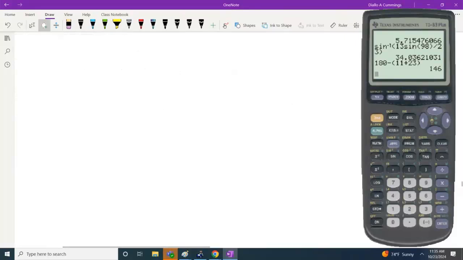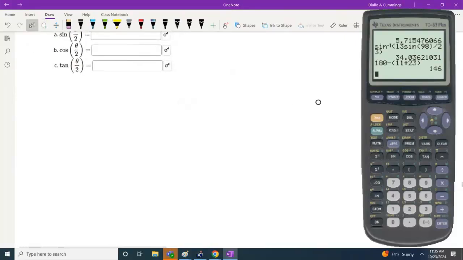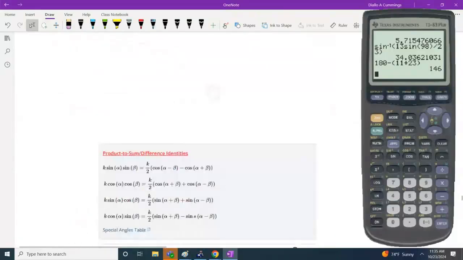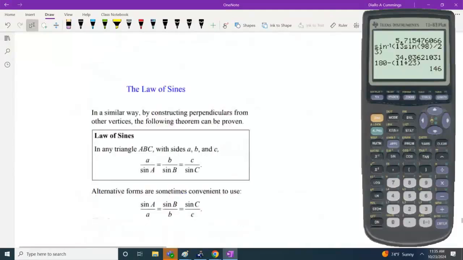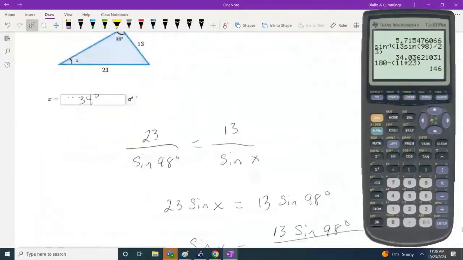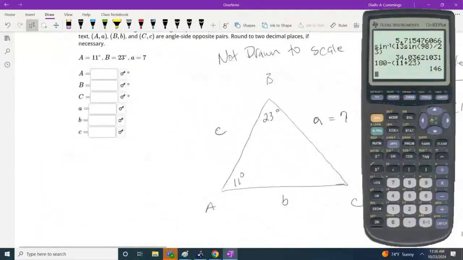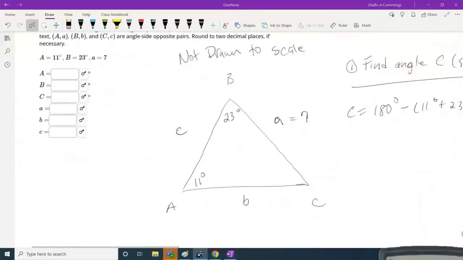So that's why I'm putting not drawn to scale. So angle C should be 146 degrees. That's 11, 23, and 146.